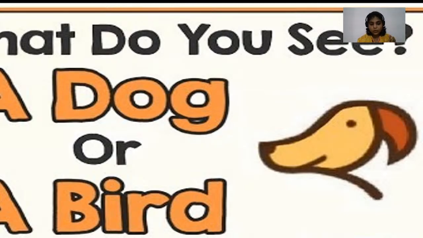Now moving to the second option, a bird. Let me imagine how this image is familiar to a bird. Here I can see there is a beak at the end, and the beak is red in color. By observing the beak, I can see the face of the dog as the posture of the bird, and then its leg, the last line that is elongated.